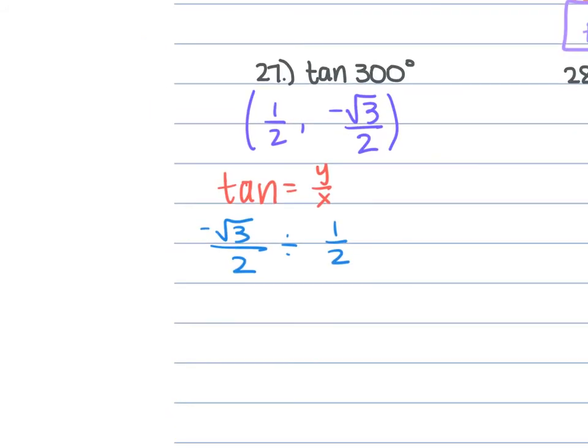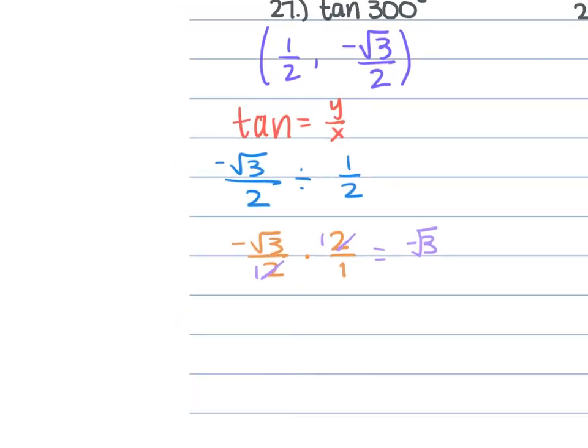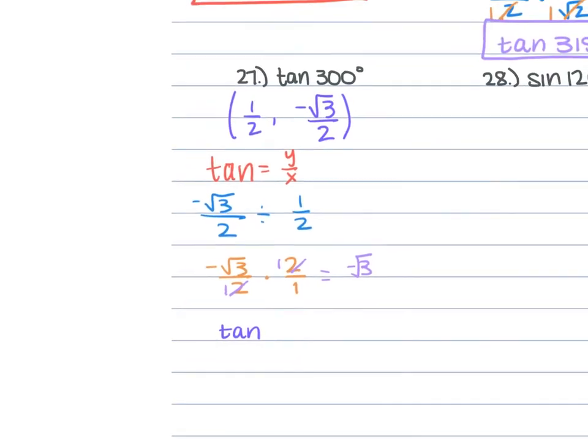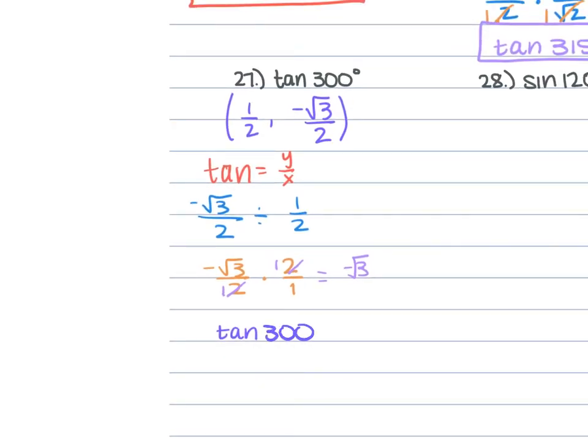Keep, change, flip. So negative square root of 3 over 2 times 2 over 1. Those 2s are going to become 1s, so this is just the negative square root 3. So the tangent of 300 degrees is equal to the negative square root of 3.